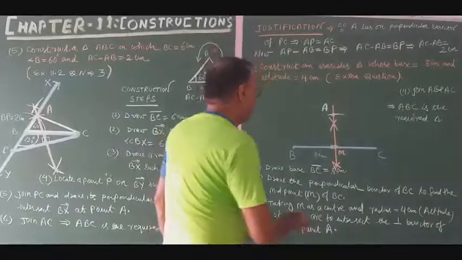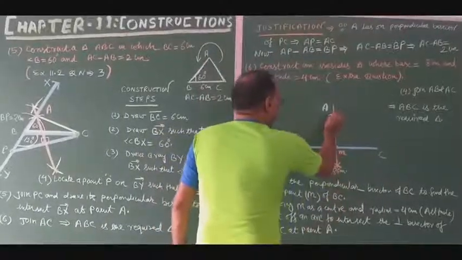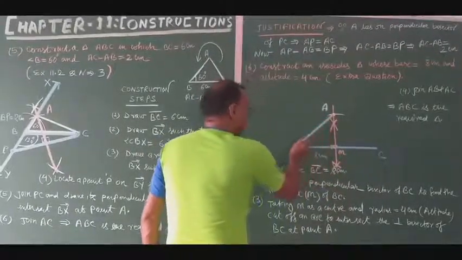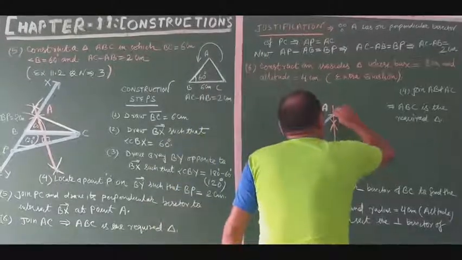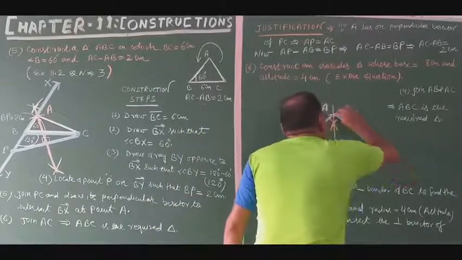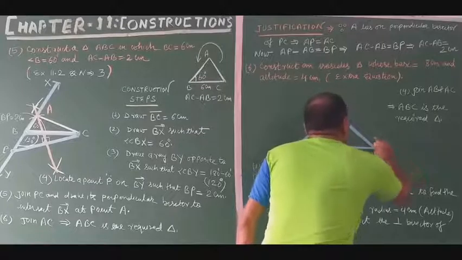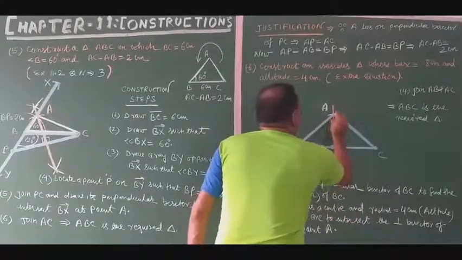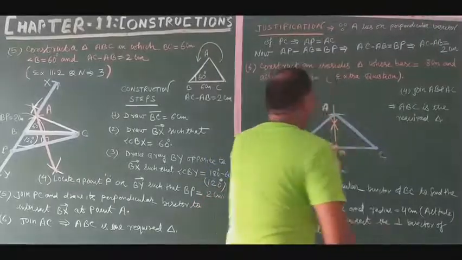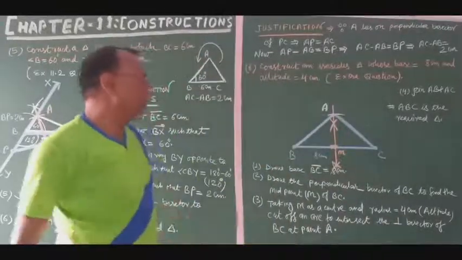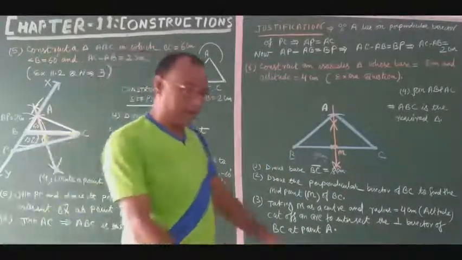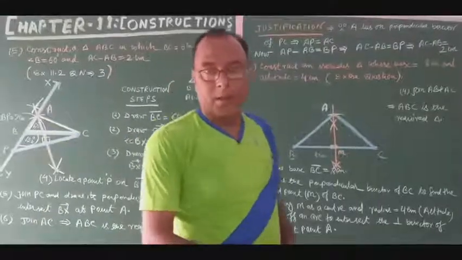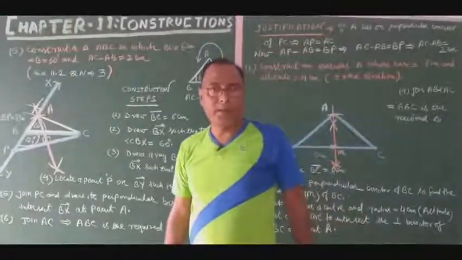We will join this, AB and AC. And this ABC is the required triangle. So that's all for today. Thank you very much.